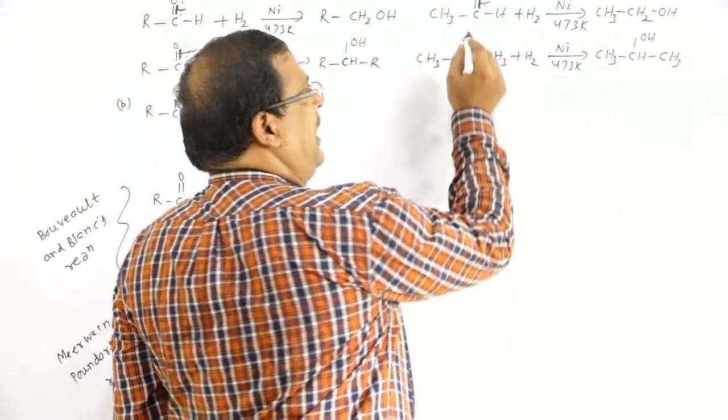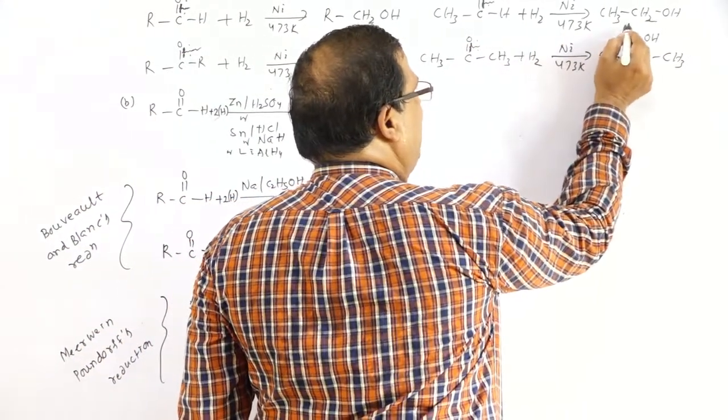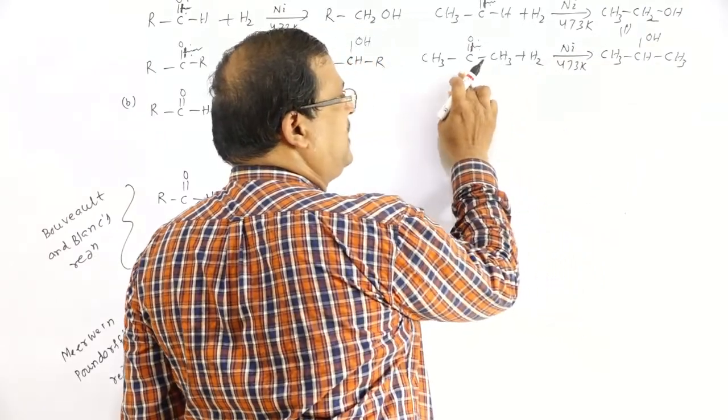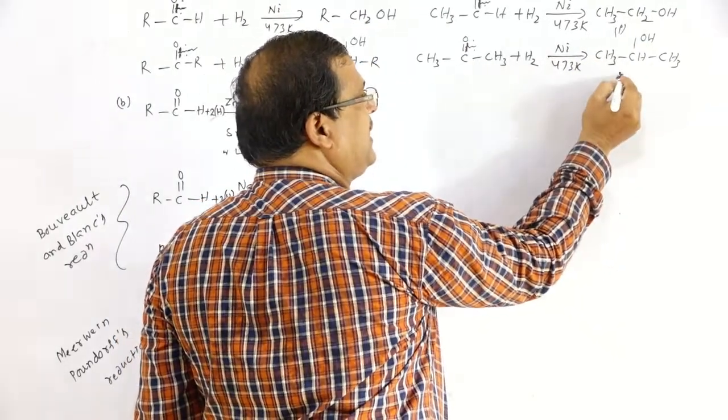So aldehydes on reduction will form primary alcohol, whereas ketones on reduction will form secondary alcohols.